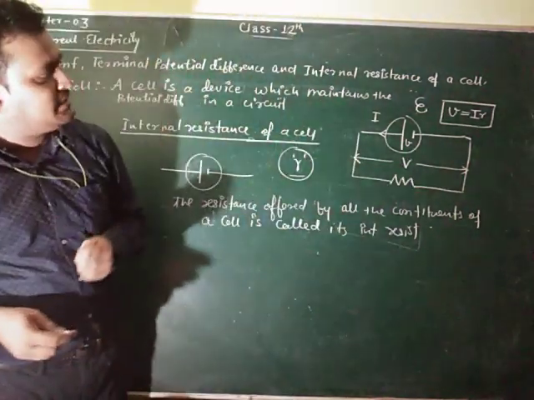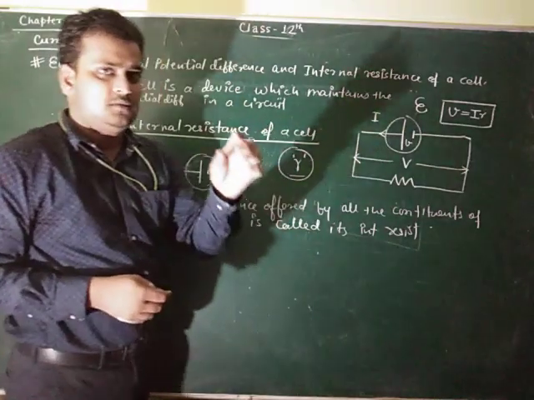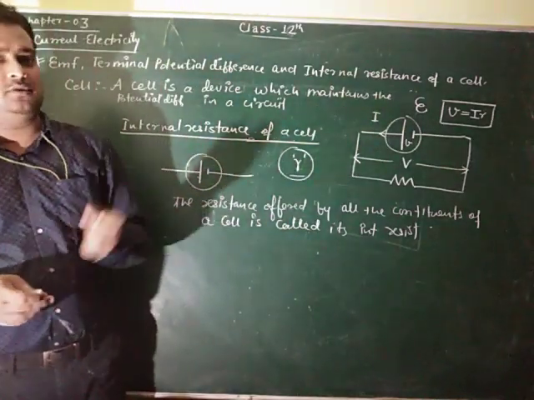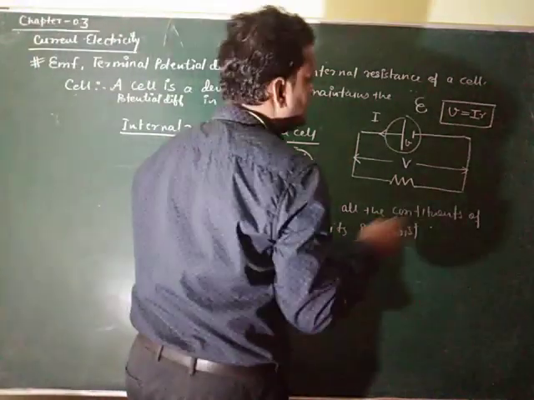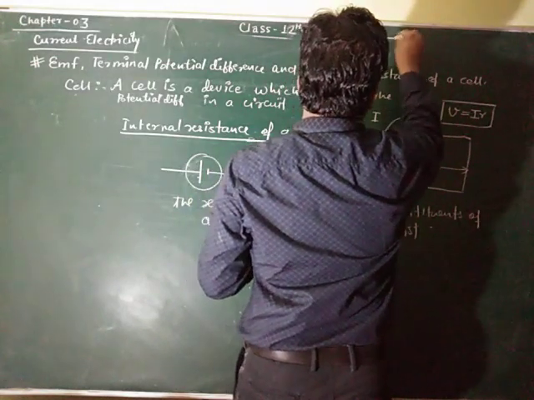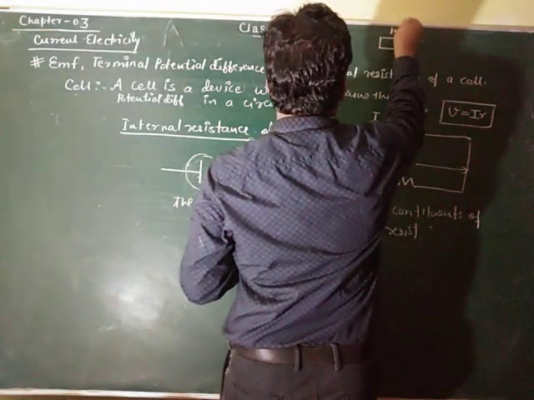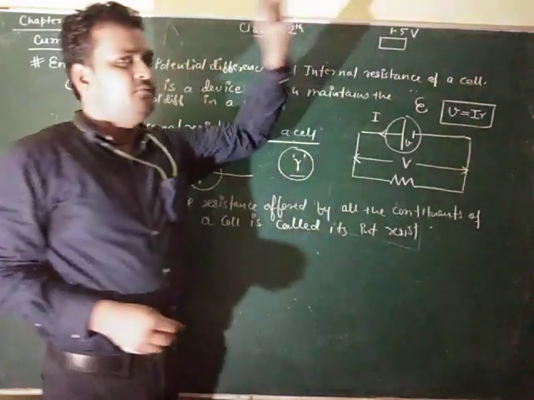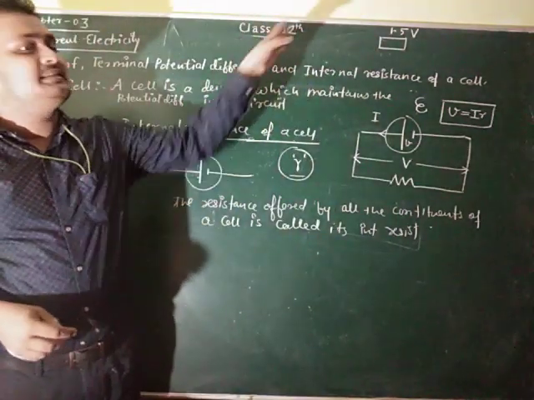Let me explain through an example. Suppose you have purchased a 1.5 volt pencil battery from the market, like the ones you see in a wall clock. The 1.5 volt mark on it is its EMF.